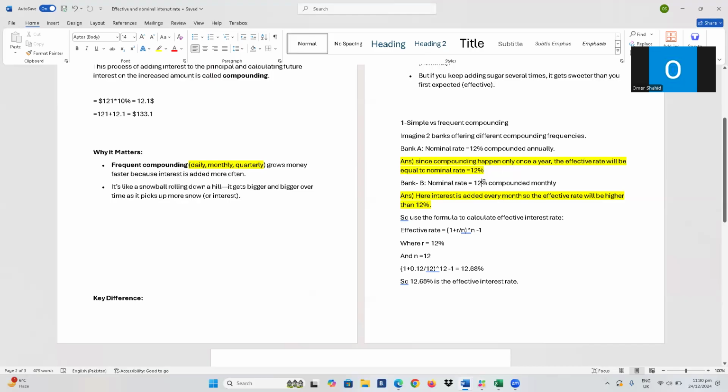They did not tell us that 12% is a quarterly or monthly interest rate, so we assume that 12% is our annual interest. But we need it monthly because we are compounding monthly, so we divide 12% by 12 to get the monthly interest rate.